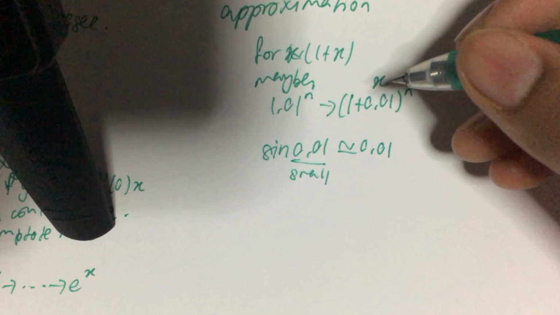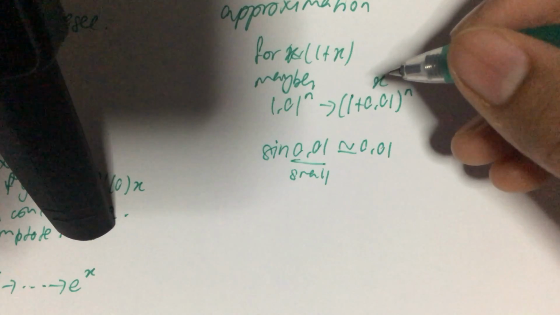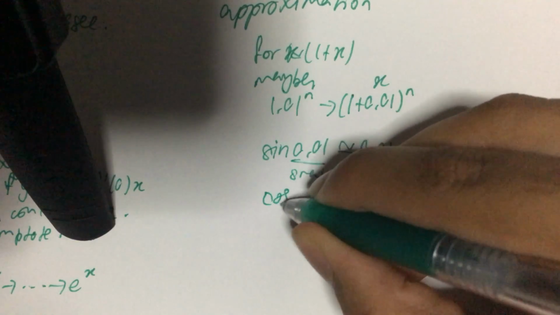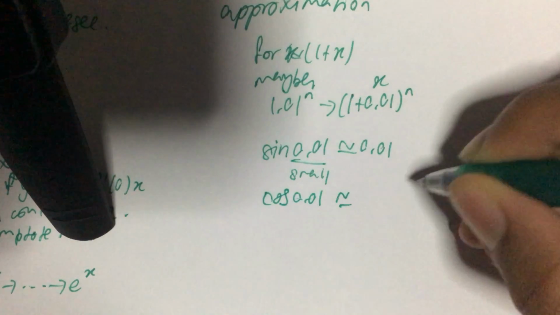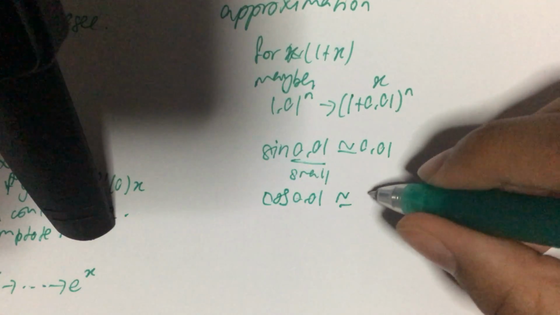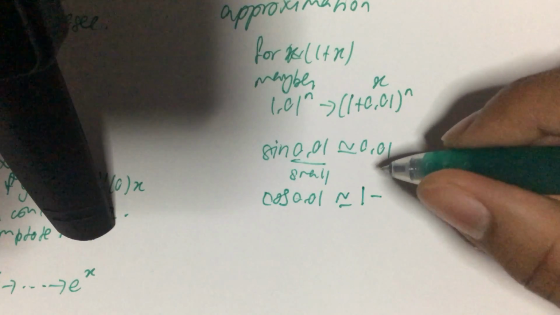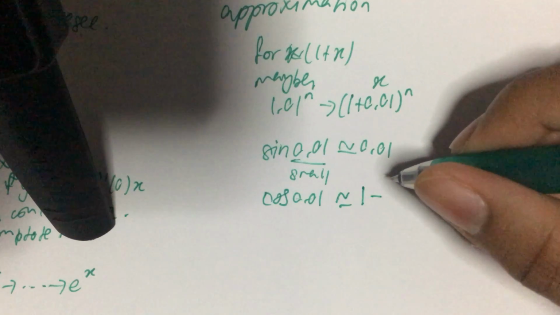So you can keep any terms until x to the power of 2, and after that you can remove all the other terms. And this is what is done in small angle approximation, where the angle must be very small. It cannot be using sine 1.01. You can use sine 0.01 instead.